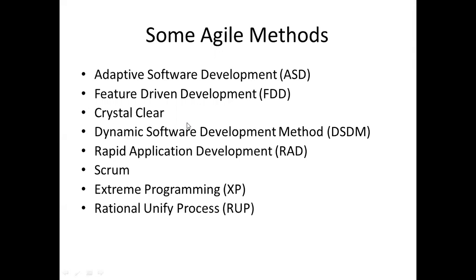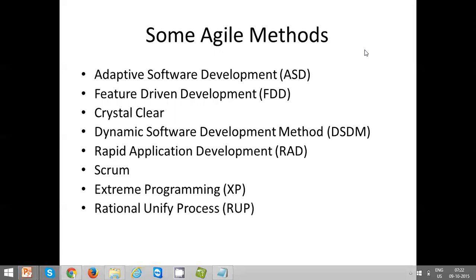If you see any agile practices or any agile software development lifecycle model, all look very similar with very few minor changes. Apart from that, everything is the same. Do not worry, most of them are very similar with one or two minor changes, and the mostly used one is scrum. So that's about agile methods.